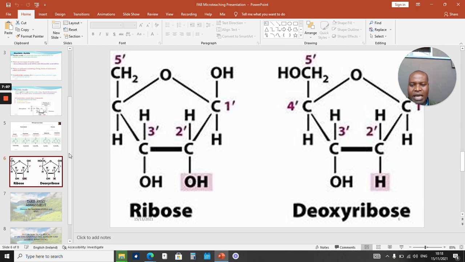Very good. We have the ribose sugar and the deoxyribose sugar. These are the sugars that bring one of the differences between DNAs and RNAs. RNAs have ribose sugar, while DNAs have deoxyribose sugar.